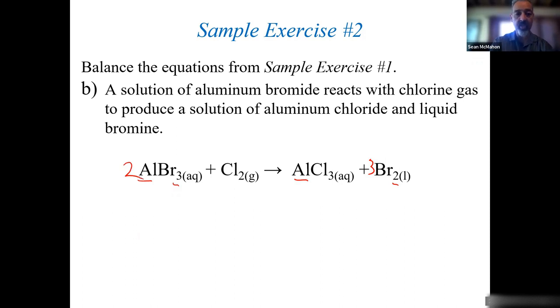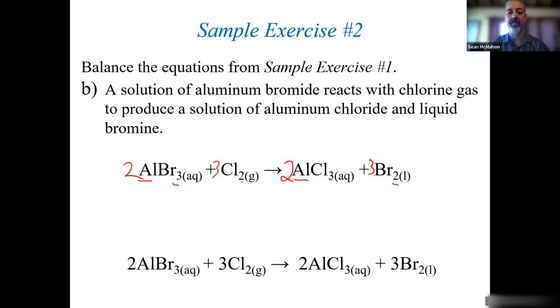Uh-oh, I switched the aluminum. What did I switch it to? A 2. So now I have to put a 2 here. Well, 2 times 3 chlorines is 6 chlorines. So 2 times what? 3 chlorines. Now I'm balanced. Takes a little bit of practice, right? But you'll get good at it, trust me.